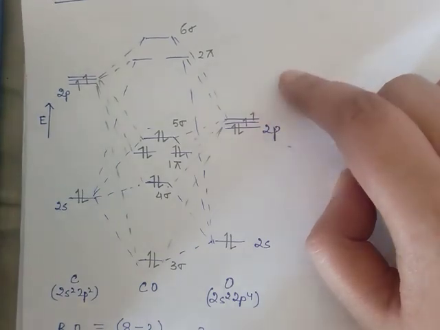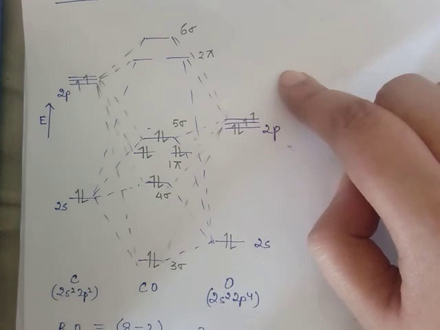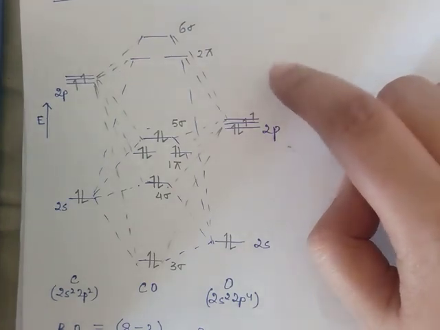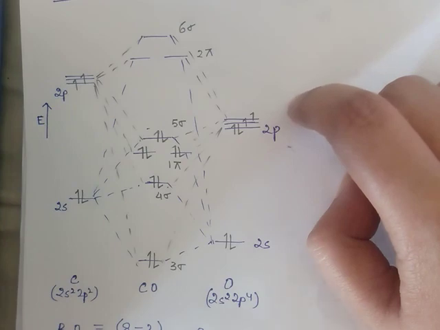But there is a major difference, the difference being N2 is a homonuclear diatomic molecule. So in that case the sp mixing and all of that is of a slightly different nature, and in case of CO it is a heteronuclear diatomic molecule. So the difference in the energy levels of atomic orbitals of C and O also has to be considered.